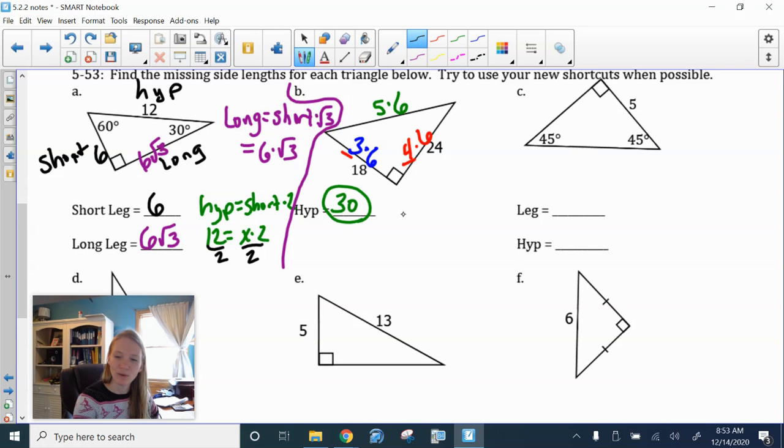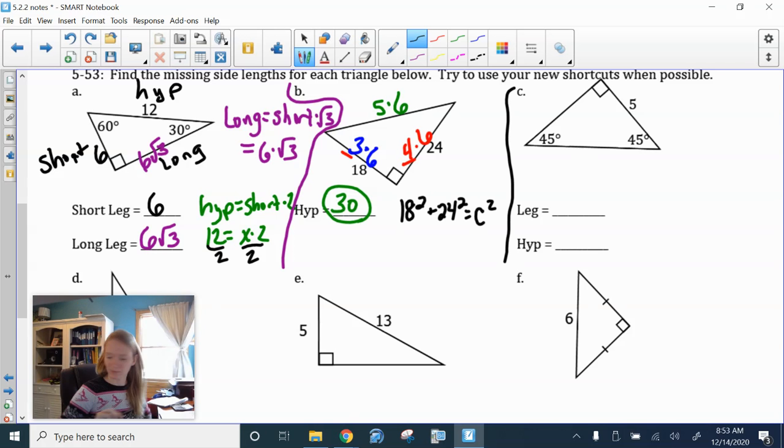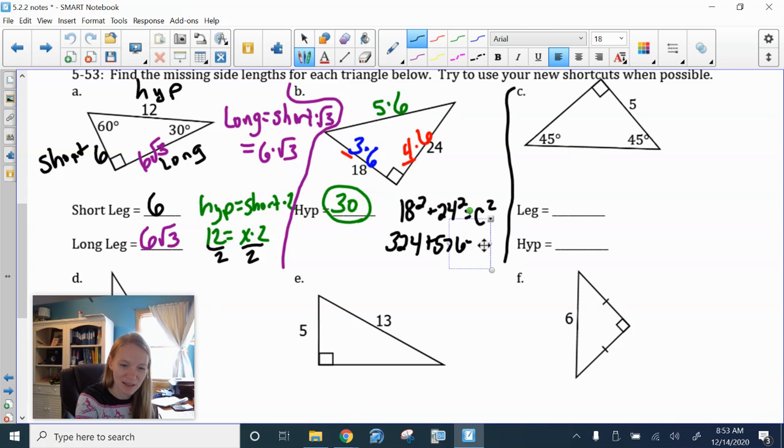If you're not sure, though, just do your Pythagorean theorem. 18 squared plus 24 squared equals the hypotenuse squared. 18 squared is 324. 24 squared is 576.